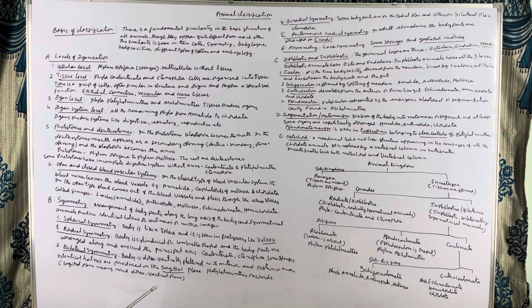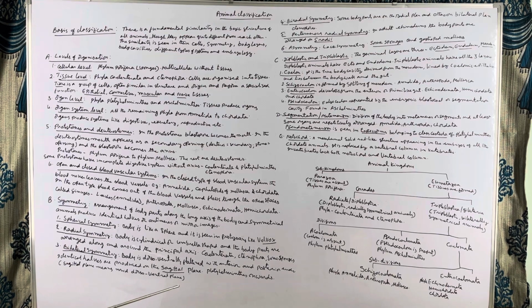These animals are divided into equal halves only on one plane, that is the sagittal plane. Sagittal plane means a cut made through the mid-dorsoventral direction. Bilateral symmetrical animals produce identical halves only on the sagittal plane.